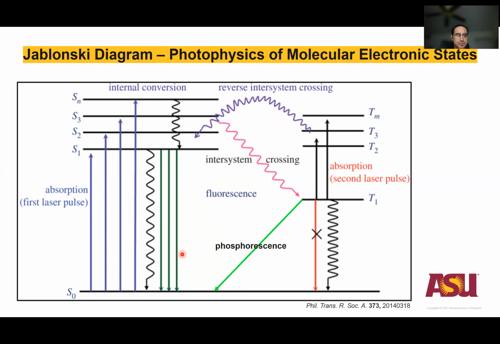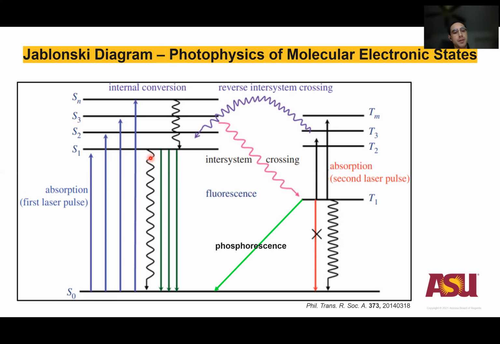Upon absorption of a photon, the molecule can be excited to an excited singlet state, where we have these quantized energy levels. But from the singlet excited state, you can decay back down to the ground state through a process called internal conversion, which is a non-radiative process.